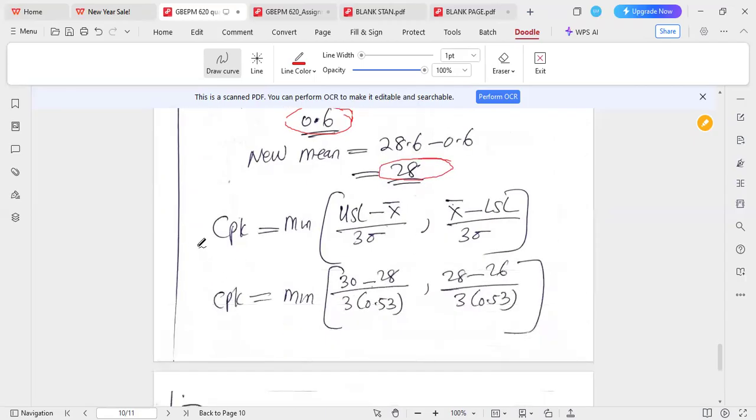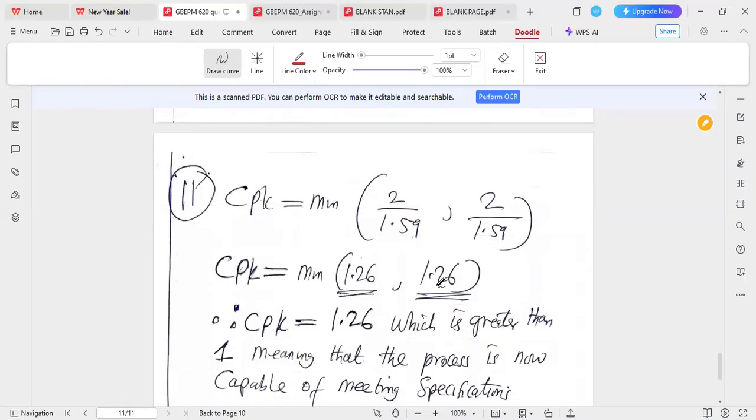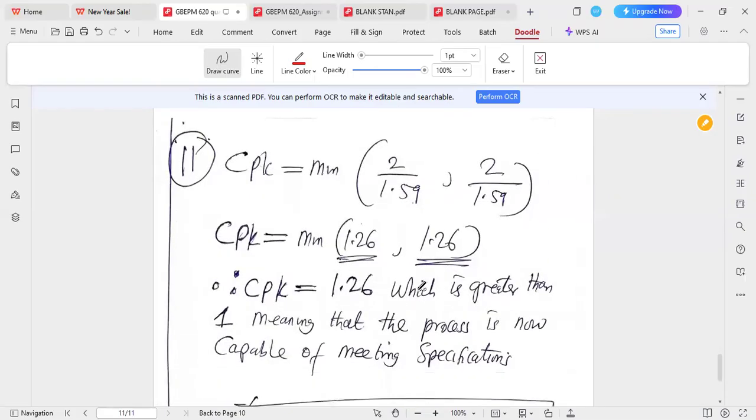And the process capability index now, in this case, is the minimum of upper specification minus the mean, which should be 28. Then the mean should be 28, meaning that the CPK is 1.26, which is greater than 1.